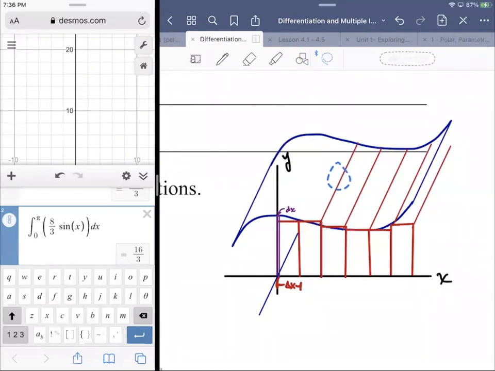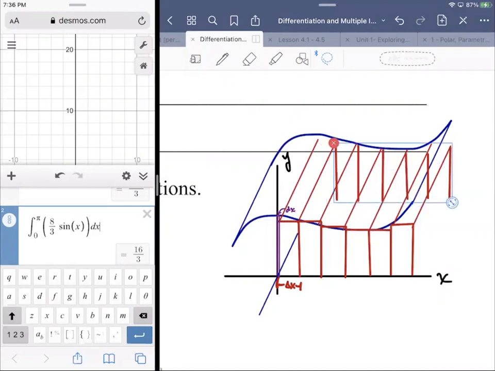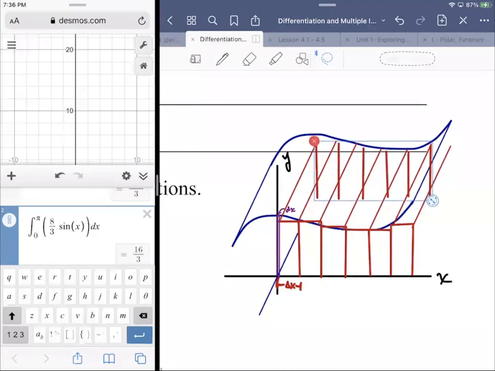Five years later. Oh, we're on the wrong one.